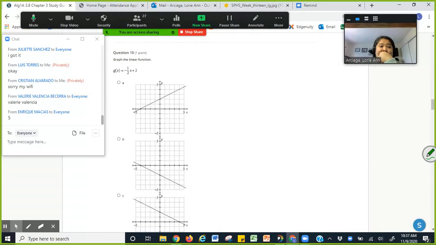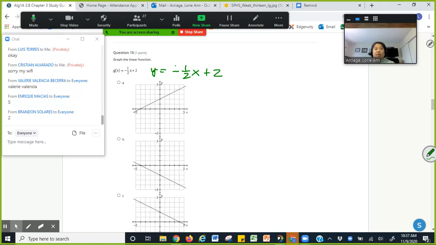So where does the graph cross the y-axis? Anybody? Type in the chat. What's the y-intercept? What's the b? G of x means it's just y equal to -1/2 x plus 2.